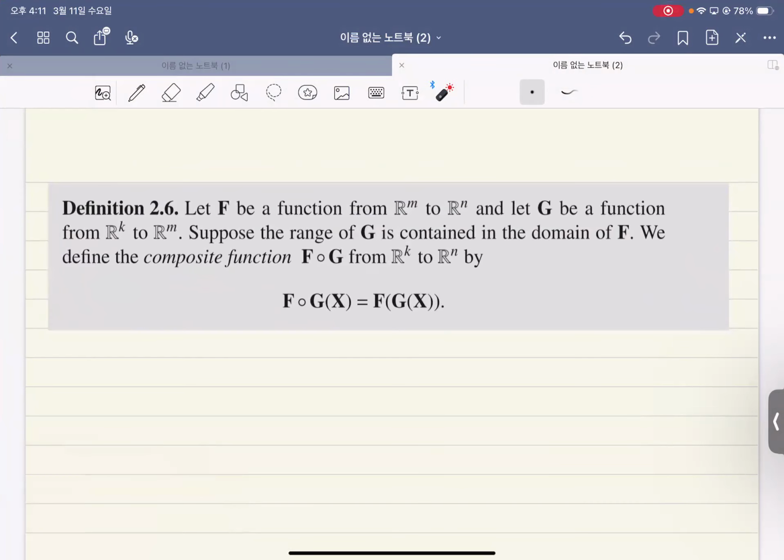If F is a function from R^m to R^n, and G is a function from R^k to R^m, and if we compose these two functions in this order, then the composed function goes from R^k to R^m and then R^m to R^n. Therefore, this is a function from R^k to R^n and defined like this. But this is so obvious, I guess I'm okay to skip it.